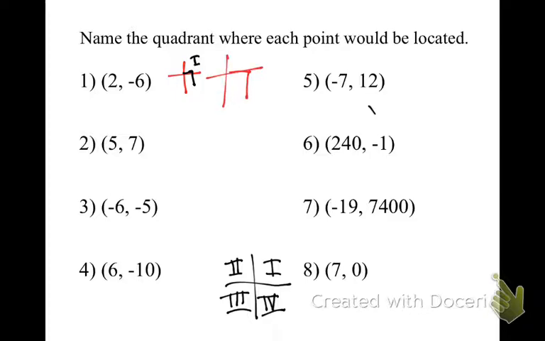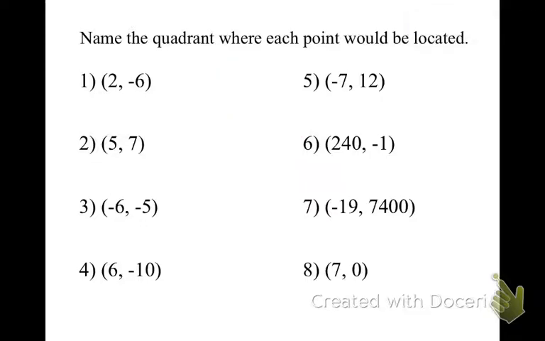We end up in the 4th quadrant. The next one, I'm going to the right, positive 5, and then up positive 7, so that's quadrant 1. The next one, I'm going left 6, down 5. That would be quadrant 3.